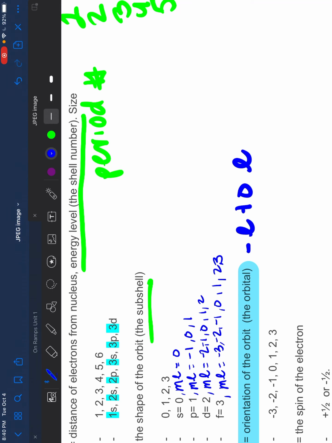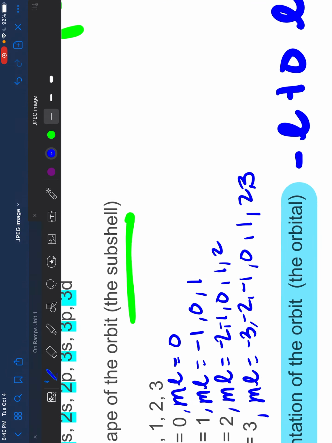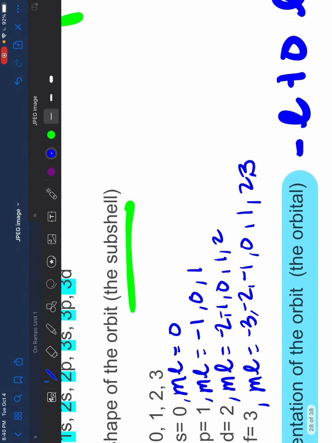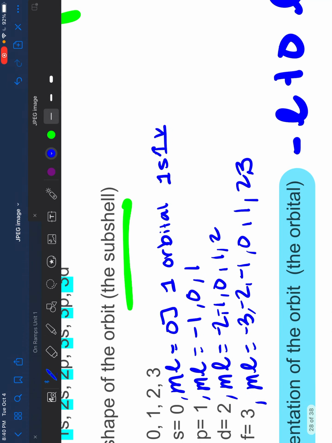And then also with the ml values, you can determine the number of orbitals. We only have one number, so there's one orbital in the s block. That's why when we write 1s, we go one up and one down.